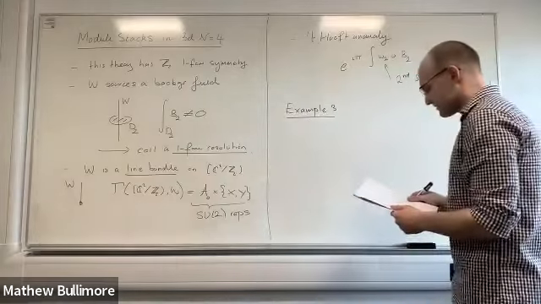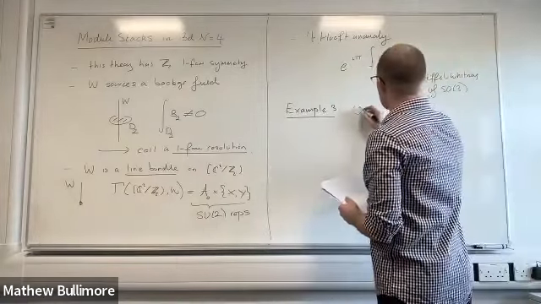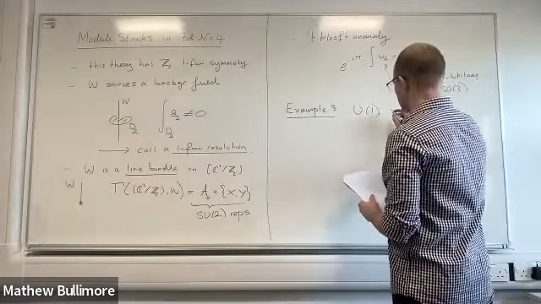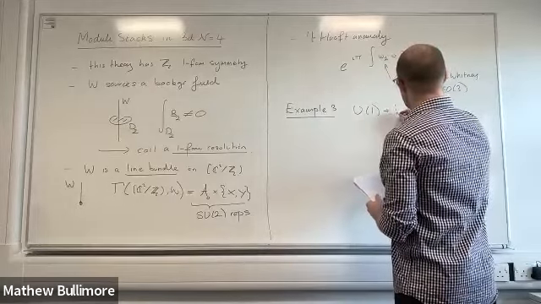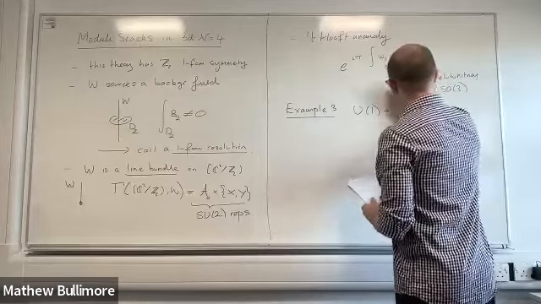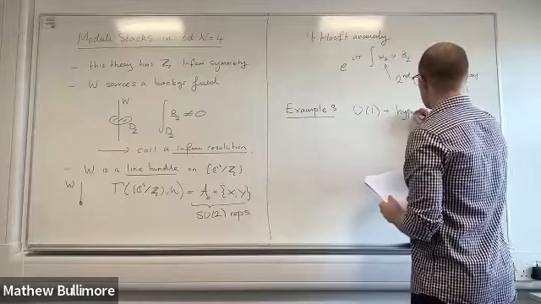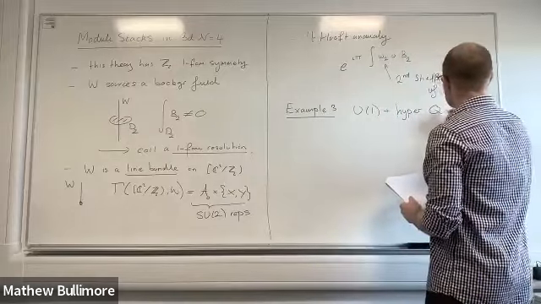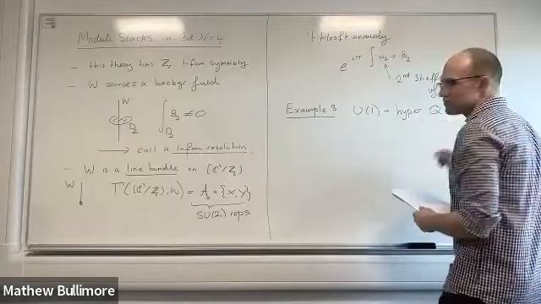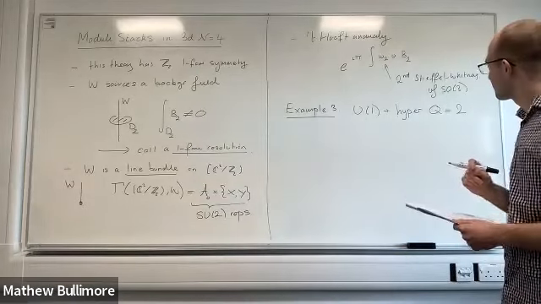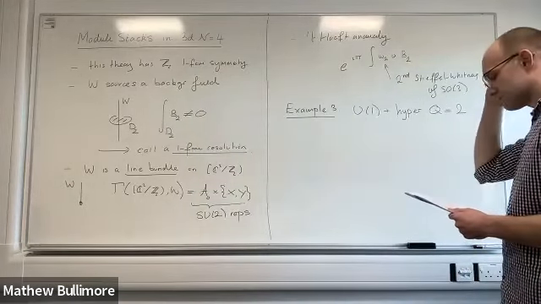So what's the mirror of this theory? Well, you take a U1 gauge theory and you add a hypermultiplet, but now you choose its charge Q to be 2 rather than 1. So it's U1 with a hypermultiplet of charge 2.